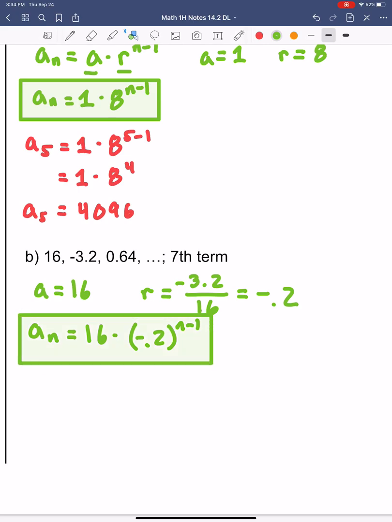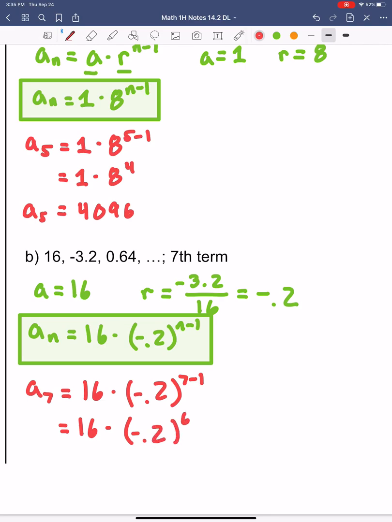But remember, they're asking for the 7th term, so I'll go ahead and find a sub 7. So we get 16 times negative 0.2 to the 7 minus 1. Well, of course, that's going to be 16 times negative 0.2 to the 6th power. Okay, so first I'm going to go ahead and do negative 0.2 to the 6th power.